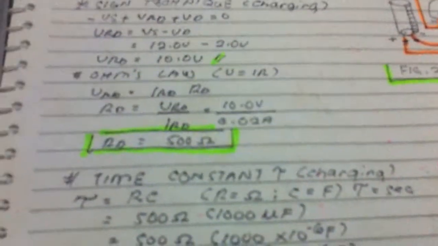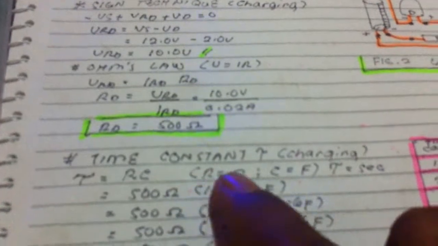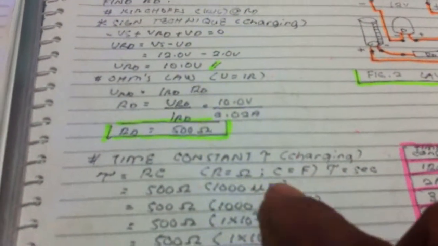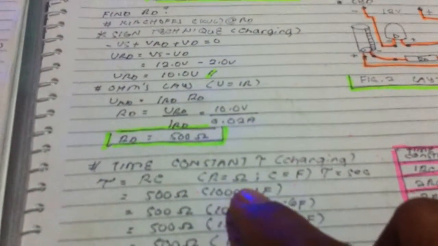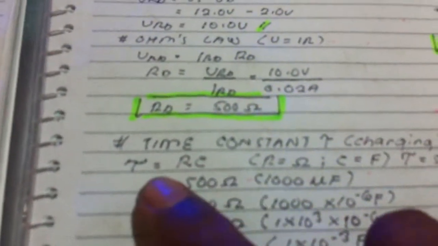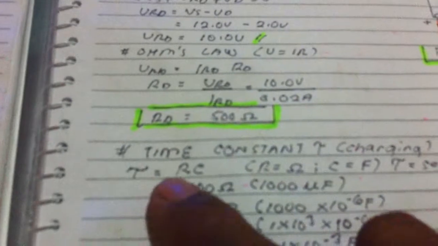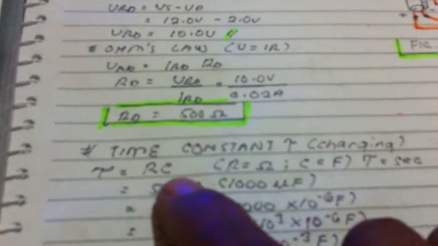Now let's see the charging. This is what we call the time constant, the amount of time when the capacitor is charging, with the symbol tau, which is equal to resistor times capacitor.